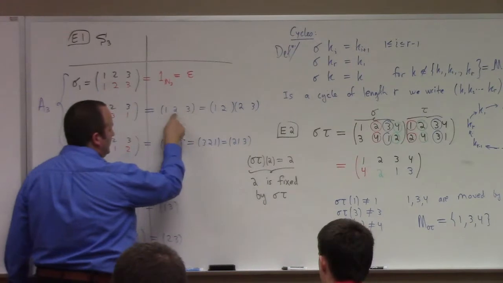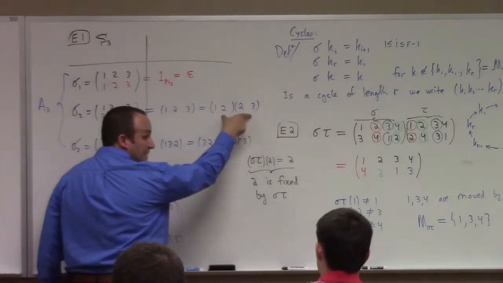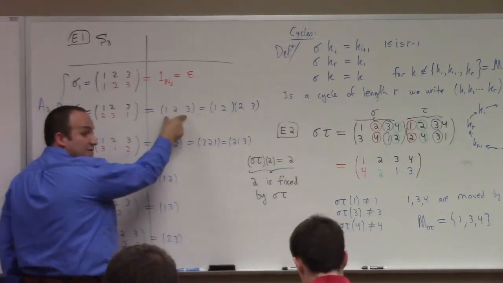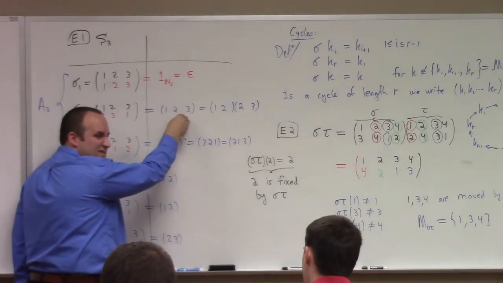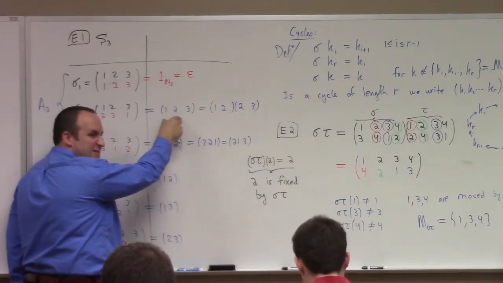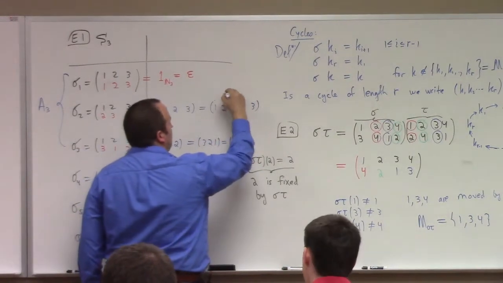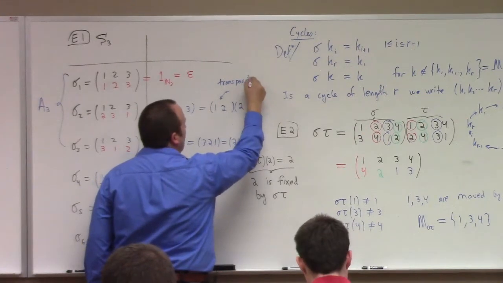How about 1? 1's supposed to go to 2. So this and this have the same action, they're the same function. That makes this an even permutation. It's kind of confusing. Odd length cycles work out to be even permutations because they can be written as a product of an even number of transpositions. Transpositions just flip 2 numbers in the set.